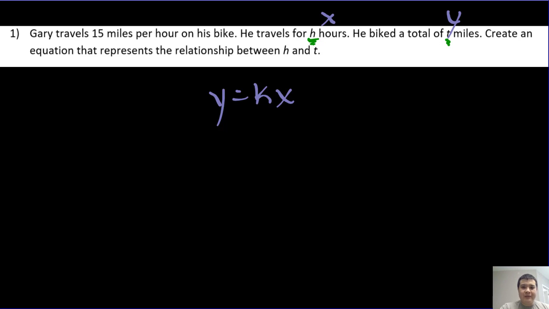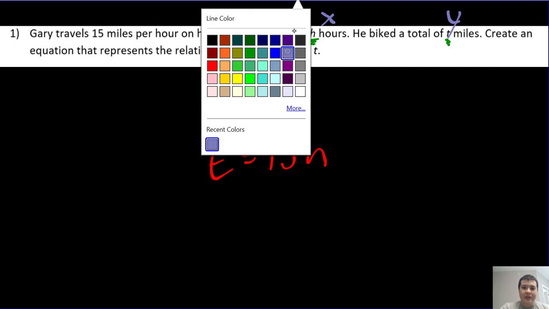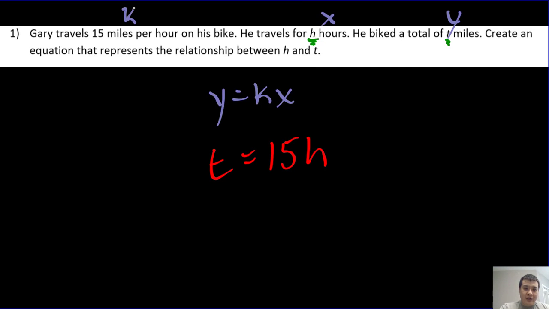So we can write this as t equals 15h. Okay? Because 15 again is our constant of proportionality because it is our unit rate.